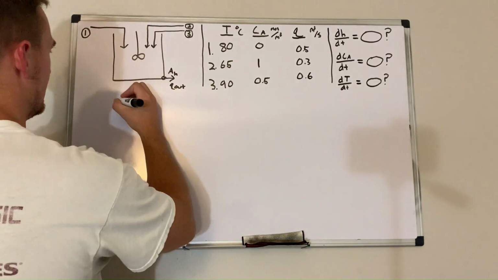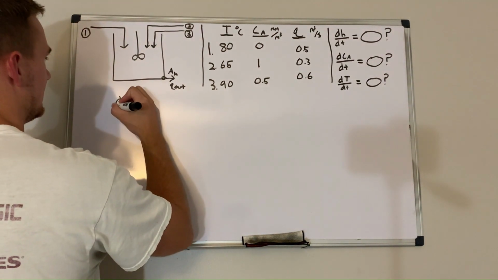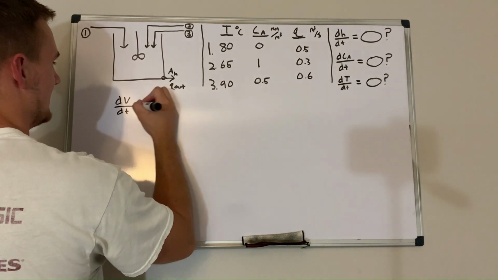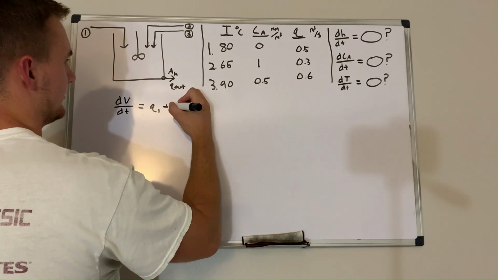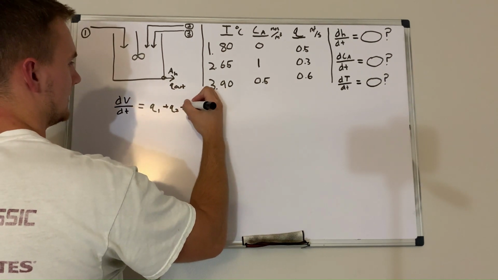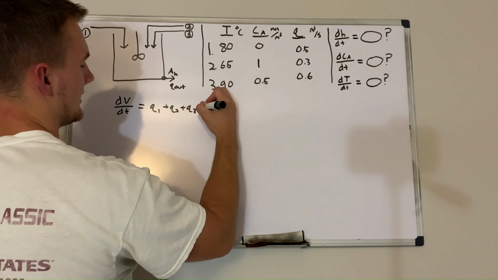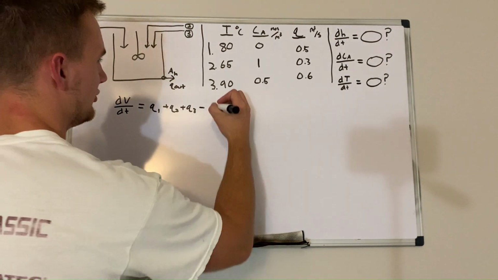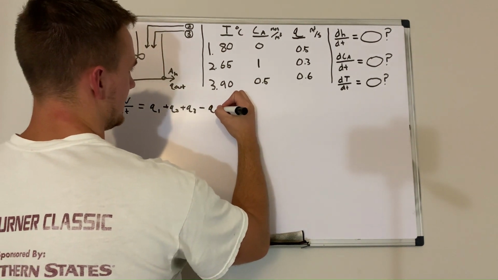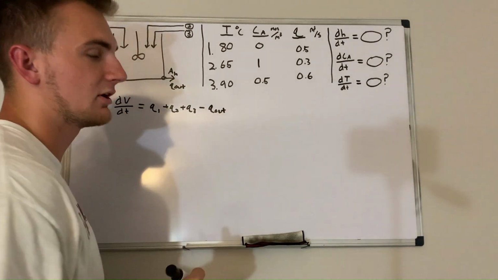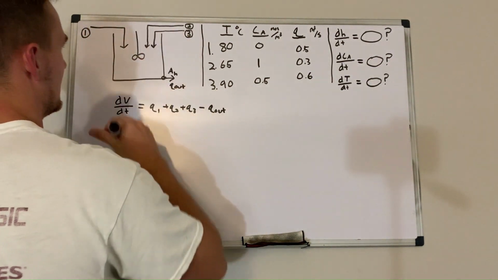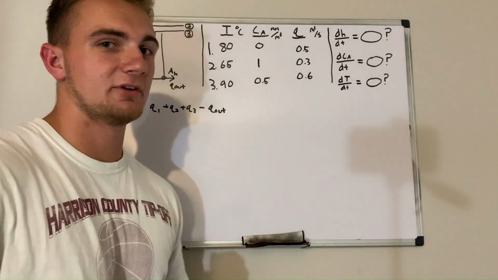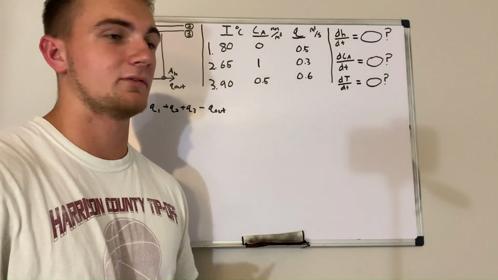If we write our differential change in volume with respect to time, that's just our flow rate. So we'll have Q1, Q2, and Q3 in, and then we'll be subtracting Q out. Now from here, we know the cross-sectional area of the tank, we'll call this AC, just to differentiate it from the cross-sectional area of the hole.